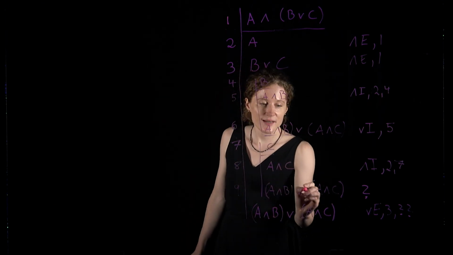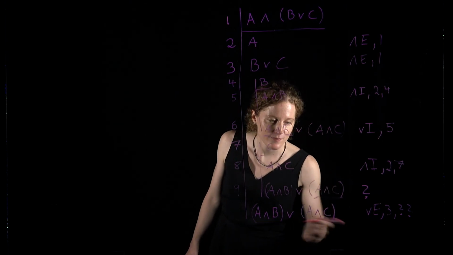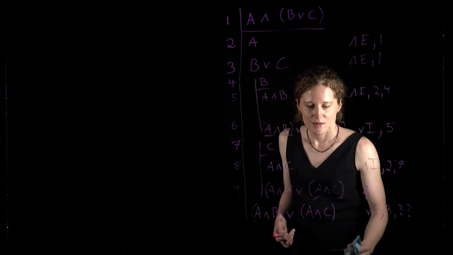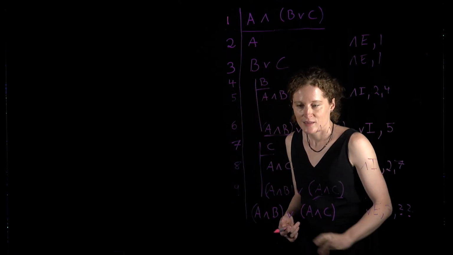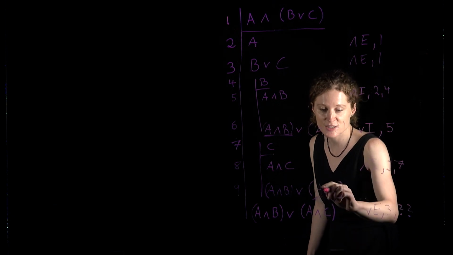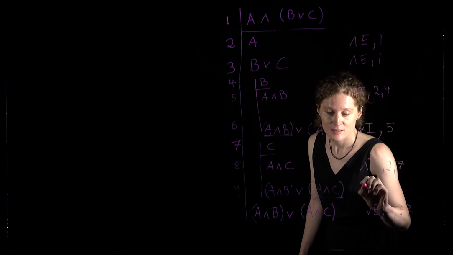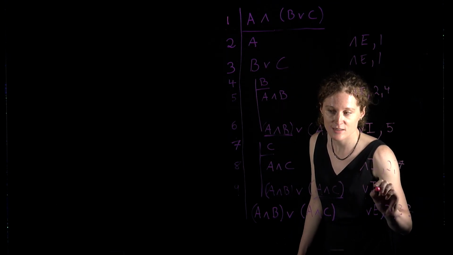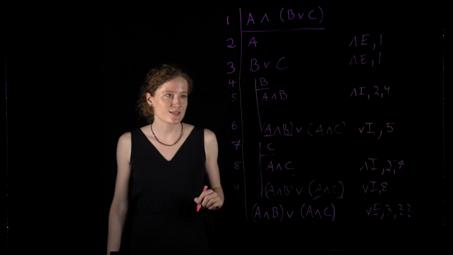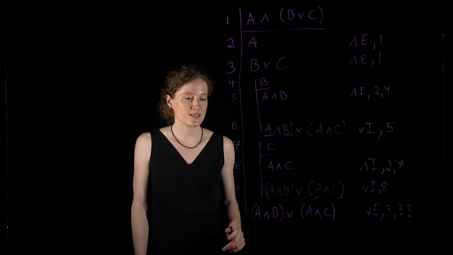And that means that I have now established the second disjunct here, A and C. And the rule disjunction introduction then allows me to infer the disjunction, of which I have already established one disjunct, citing disjunction introduction and line 8. So that completes the second subproof. I've shown that under the assumption that C, our desired conclusion follows.